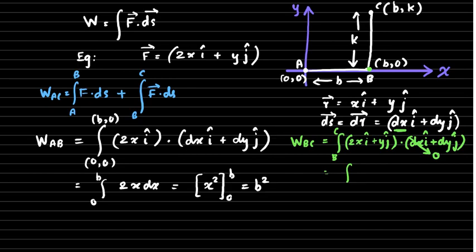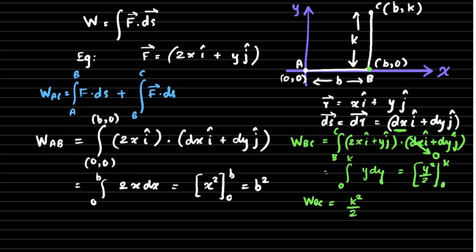Again, since there is not going to be any x variable, I'll much rather bother only about the y variable, 0 to k, integration of y dy. j cap dot j cap happens to be 1. So the answer over here is y square by 2 from 0 to k. So the ultimate answer for work BC is k square over 2. This is the work done for the path BC.